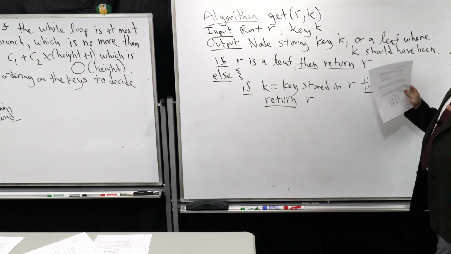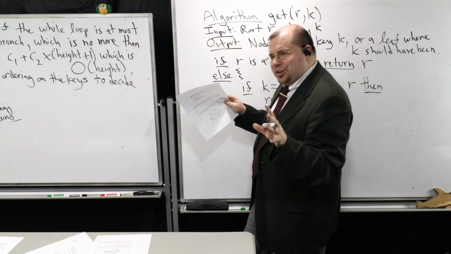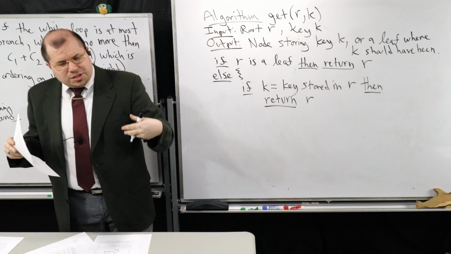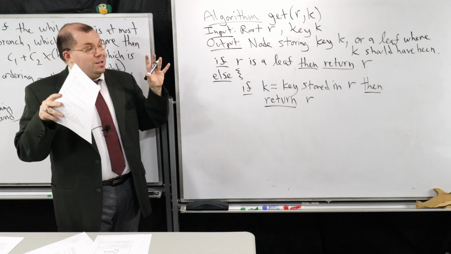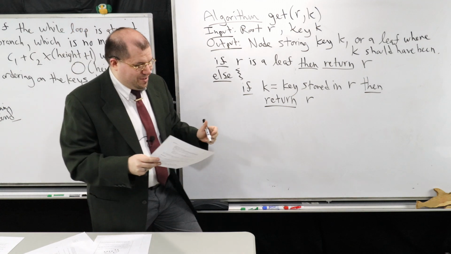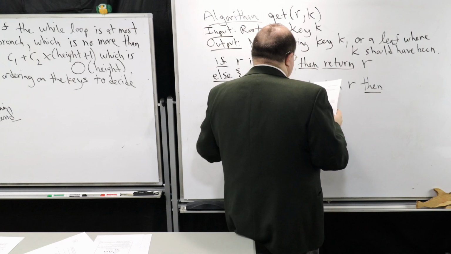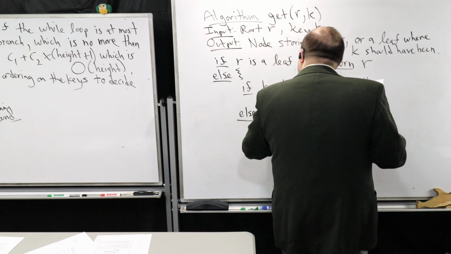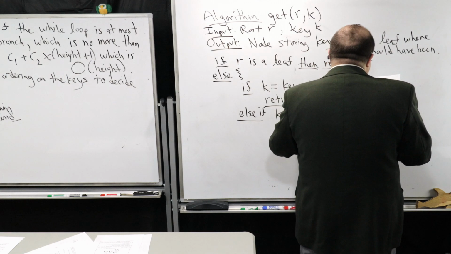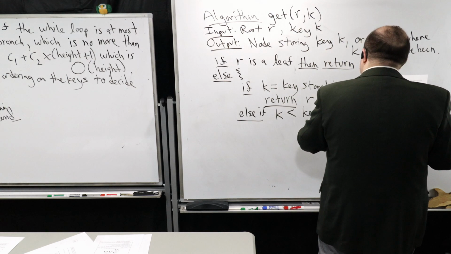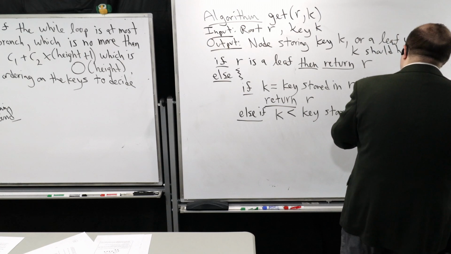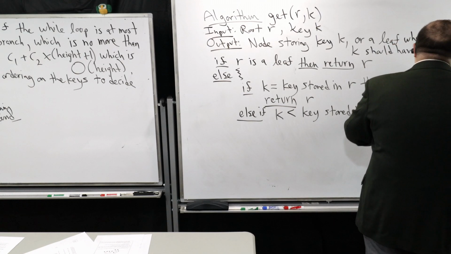You're going to see that this reminds you a lot of binary search. You know how I wrote out the recursive version of binary search? It's going to remind you a lot of it. That's why I really want to show this to you right now, tying all this lecture nicely together. So else if K is less than the key stored in R, then you know right away we're going to be going left.